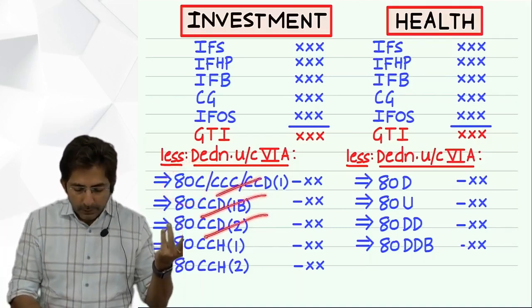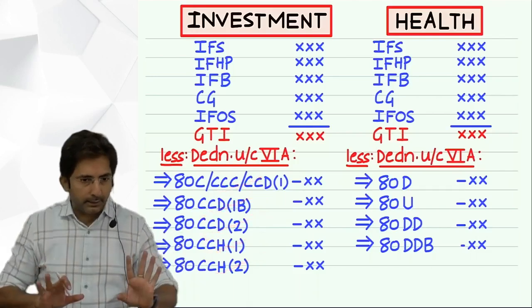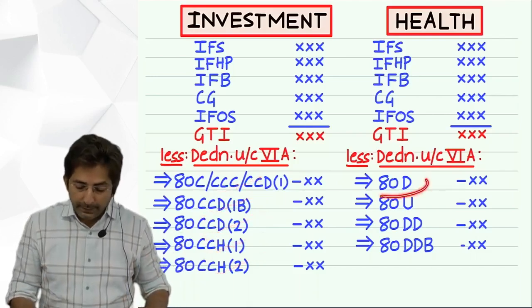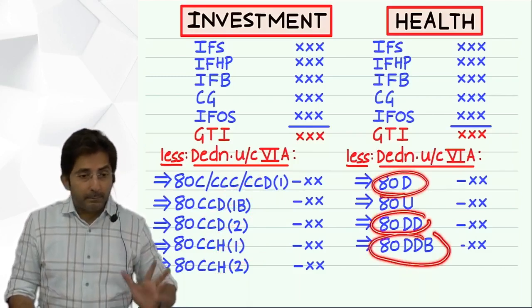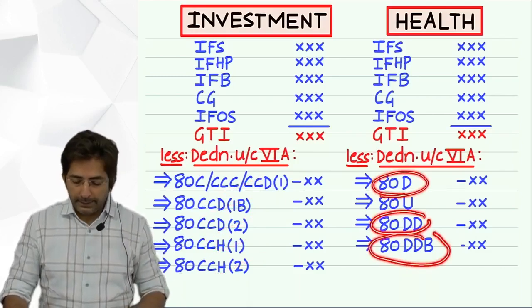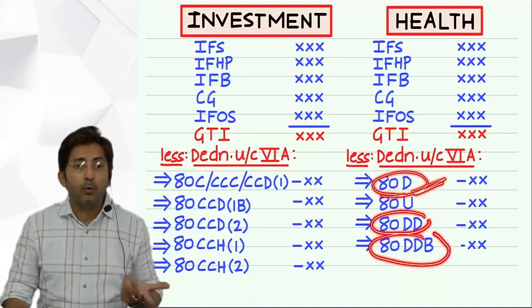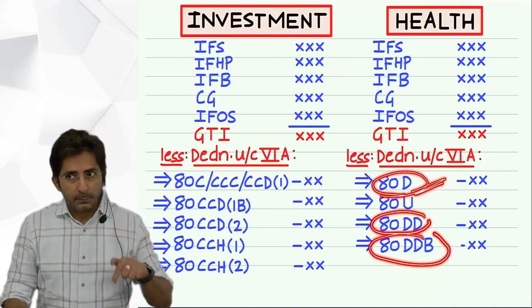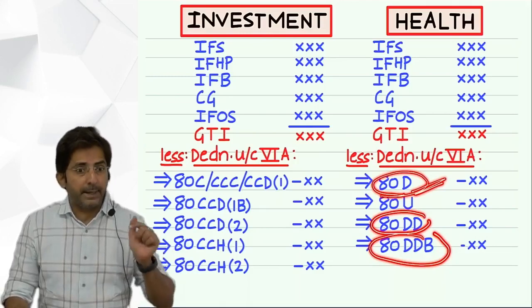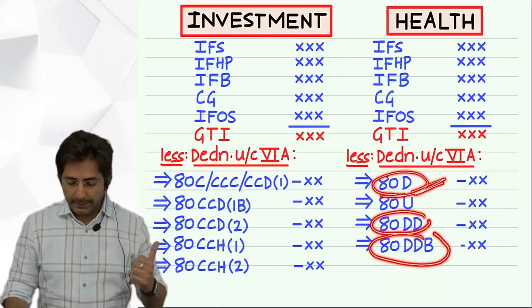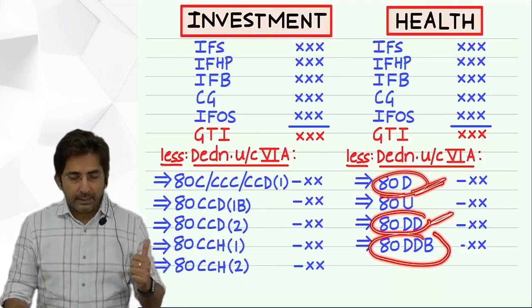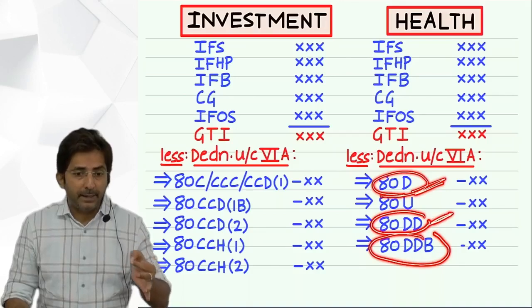Okay. Then after this, where else did you find family members? Here all the investments were in the name of assessee only. Then we saw in 80D, 80DD, 80DDB. Here family members were there. In 80D it is medical insurance for whom? Assessee, spouse, dependent children and parents. Okay. Then in 80DD, HDR, handicapped dependent relative.